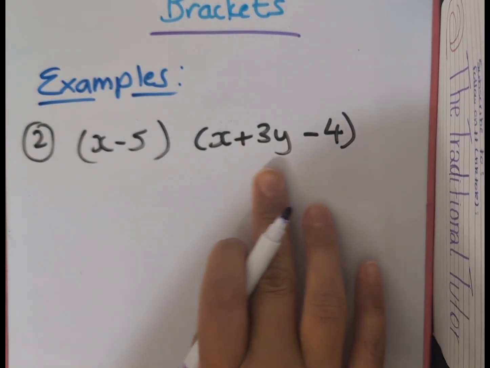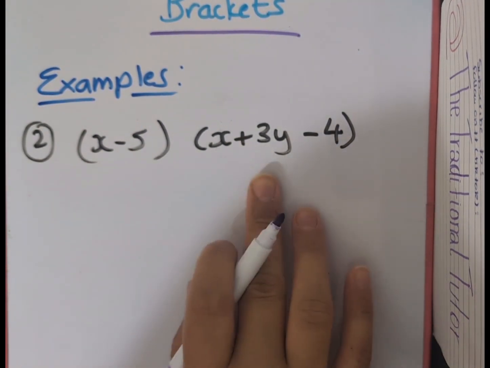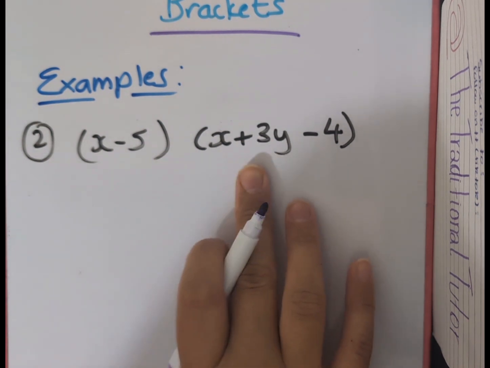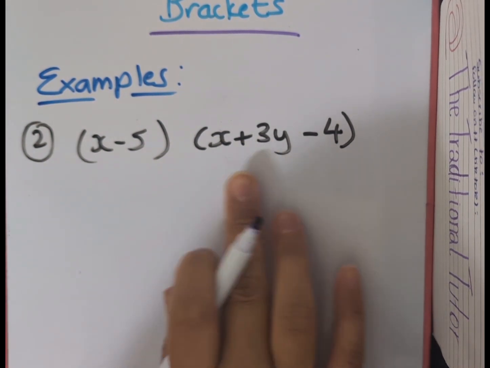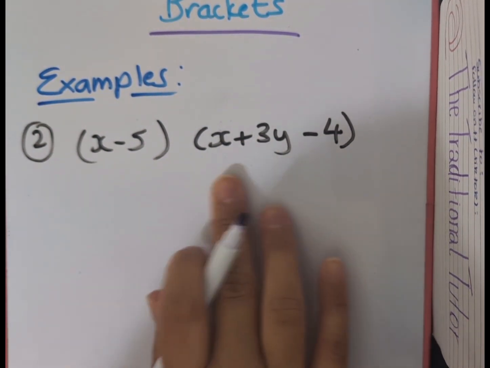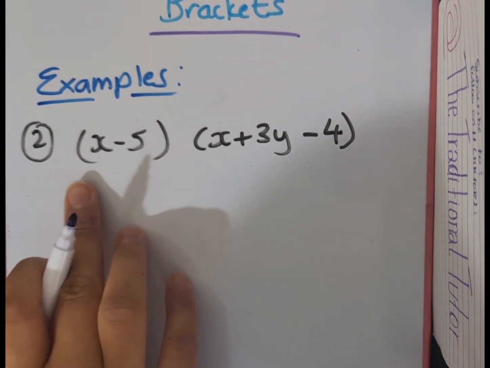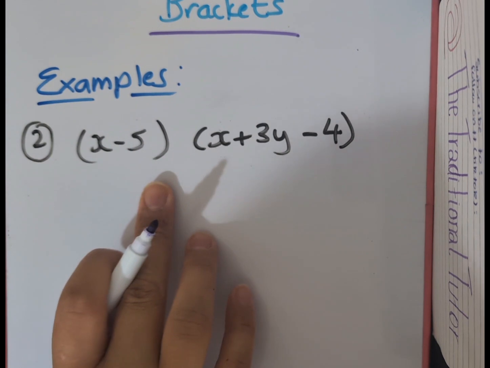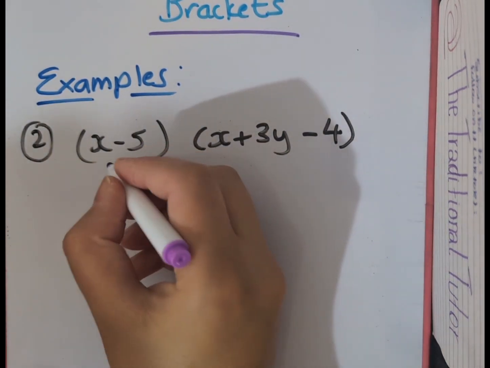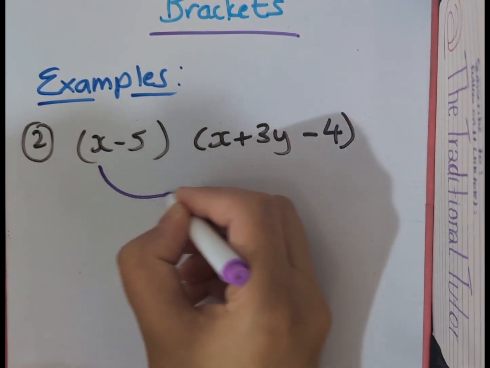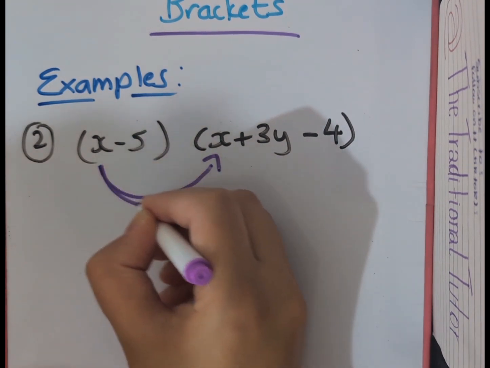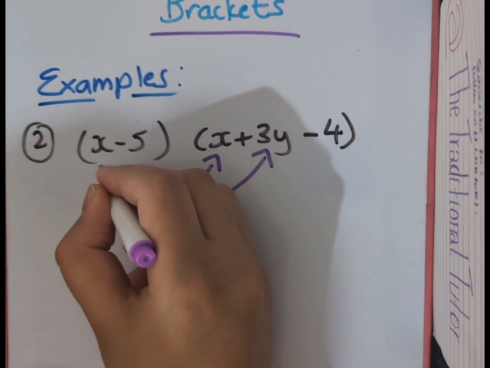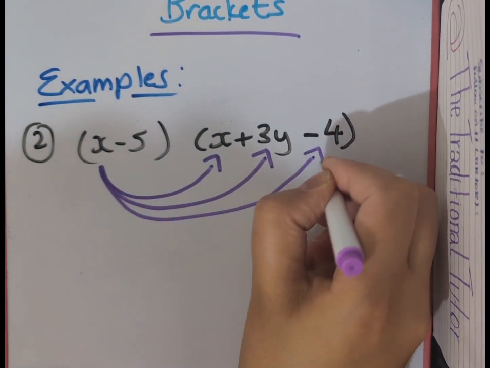It's the same thing, but this time in either your rows or your columns, you will have three boxes, okay, because you've got one expression which has got three terms, and then the other rows or columns will have two boxes, okay? So I'm going to just draw my arrows. So x is going to multiply by x, by 3y, and also by negative 4, okay?